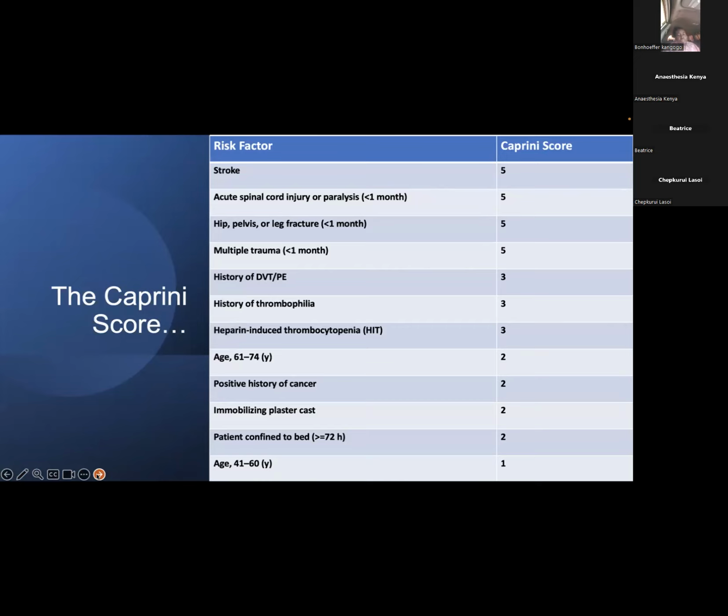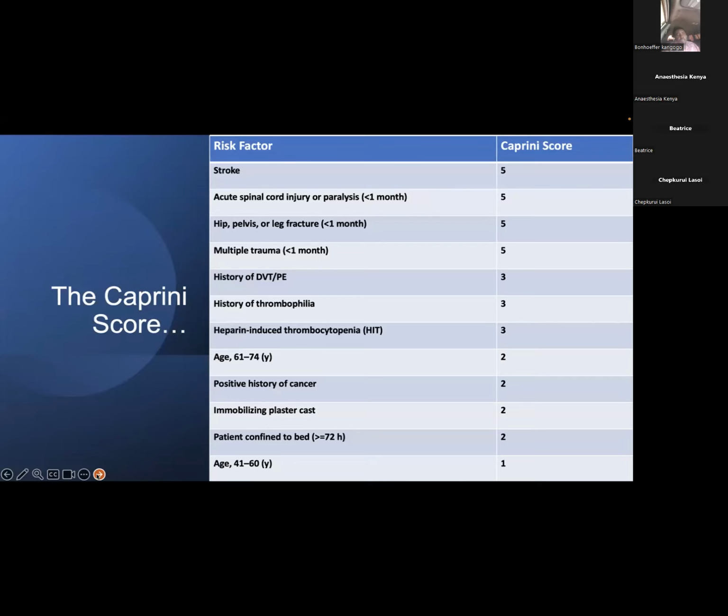A patient who has had heparin-induced thrombocytopenia will have a risk of 3. Age between 61 and 74 will get a 2. Positive history of cancer, a 2. Immobilizing plaster cast will be 2. A patient confined to bed more than 72 hours will have a 2.